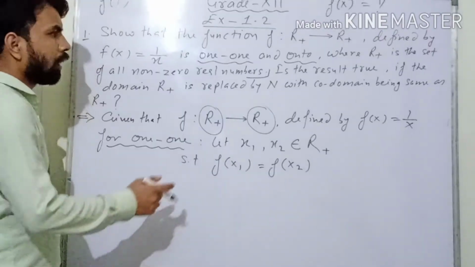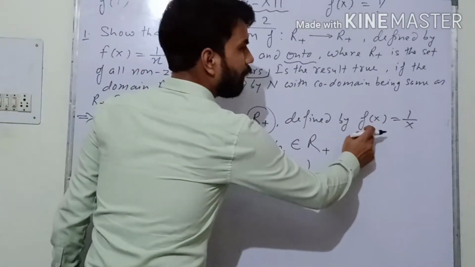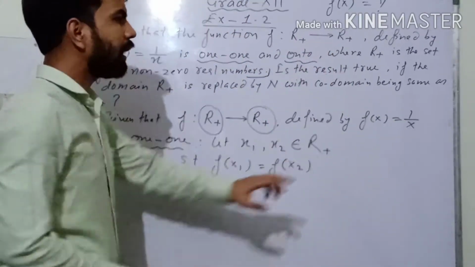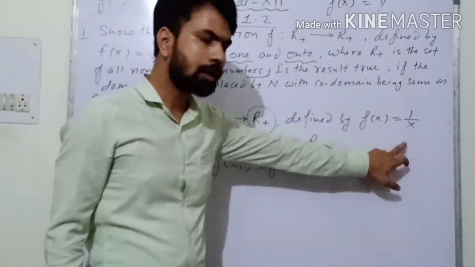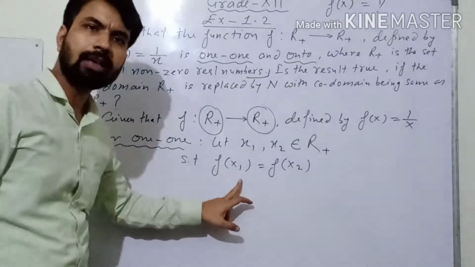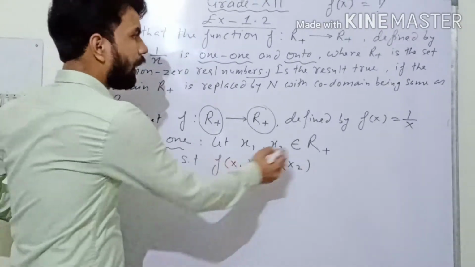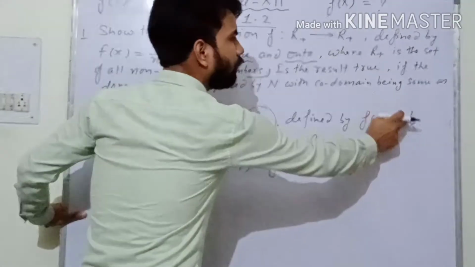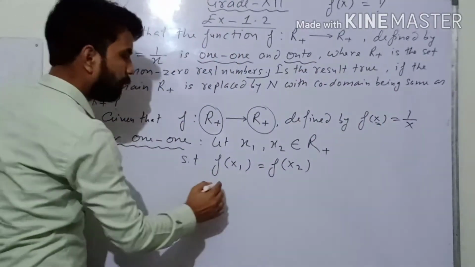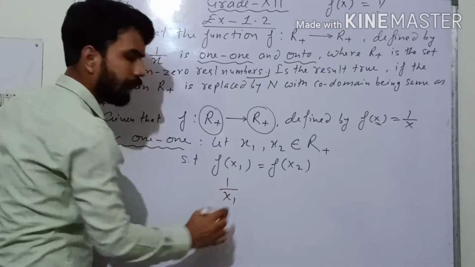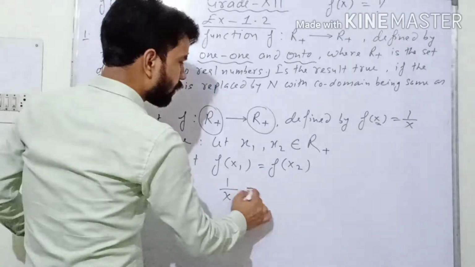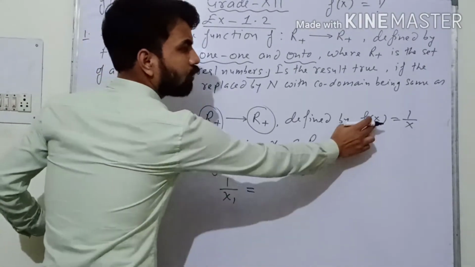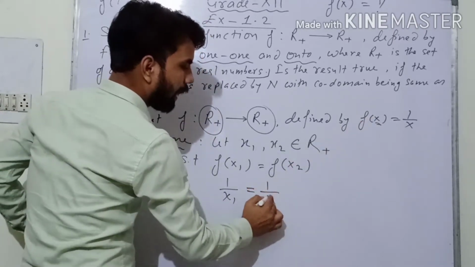Now see, the function defined as f(x) equal to 1 upon x. If f(x) equal to 1 upon x, then what is the value of f(x1)? In place of x here, we will substitute x1. So if f(x) equal to 1 upon x, then f(x1) will be 1 upon x1 equals to f(x2), which will be 1 upon x2.